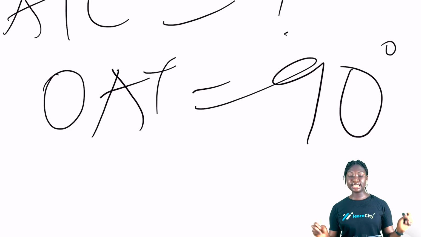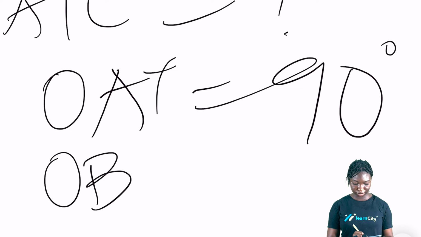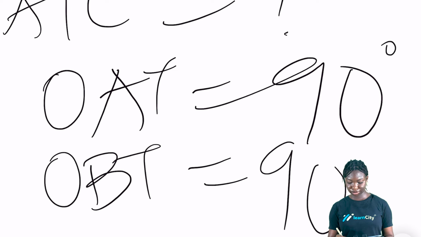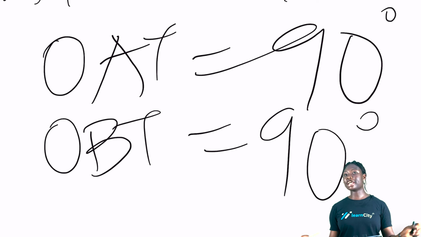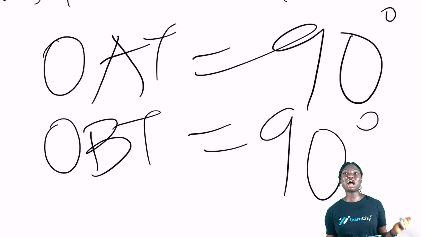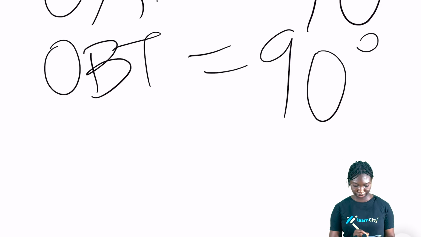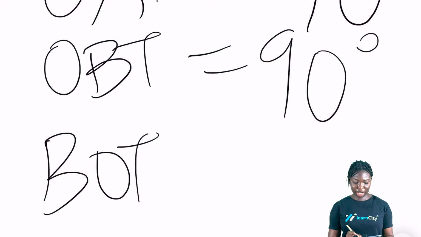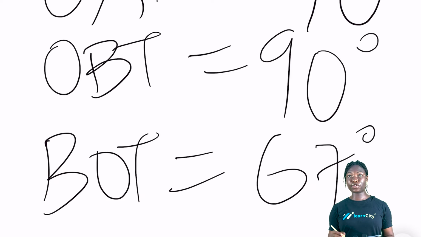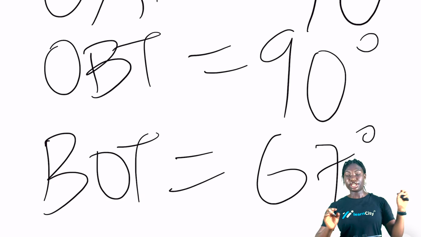Then our OBT is also 90 degrees, which is the radius to the tangent. So BOT is 67 degrees as given in the diagram.